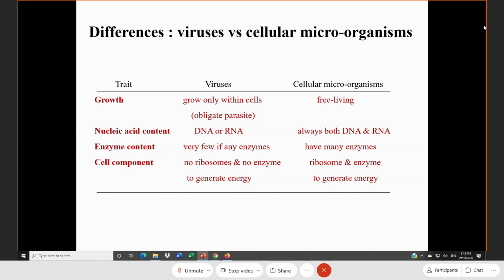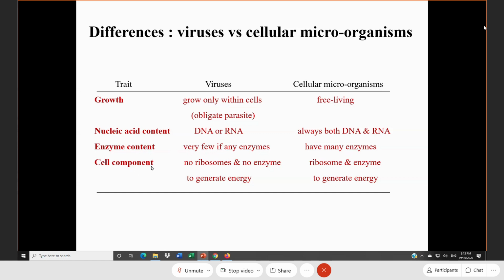What are those viruses? Pox virus carries enzymes, 1 or 2 enzymes, and retrovirus, I mean the virus that can cause AIDS, no? They carry enzymes, okay? But cellular microorganisms have many kinds of enzymes.